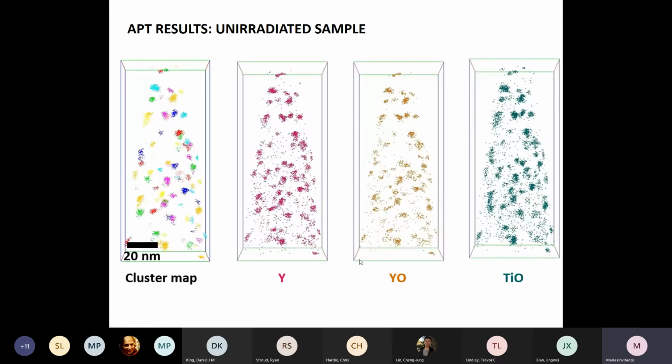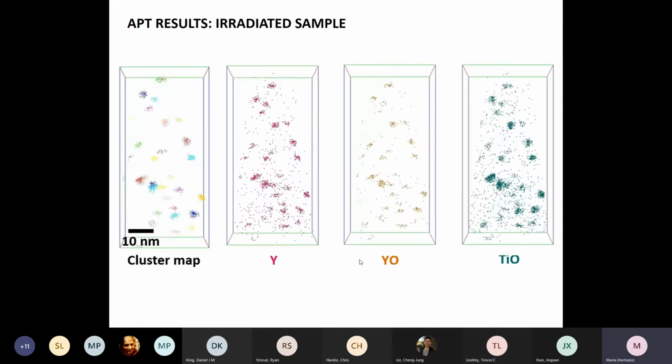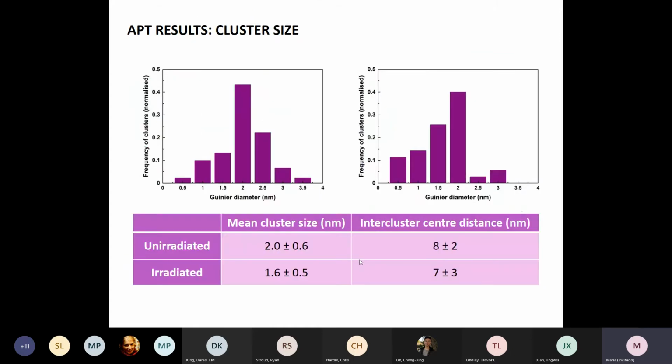We also made atom probe tomography of the sample, and if we look at the sample before and after irradiation, they look pretty much the same. Up to this level, if we measure the cluster size, we can just observe a change to a higher amount of smaller particles, which may mean that some of the larger precipitates may have dissolved and reprecipitated again as new and smaller ones.